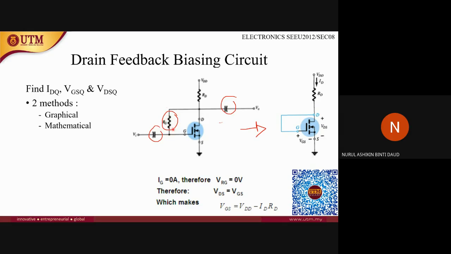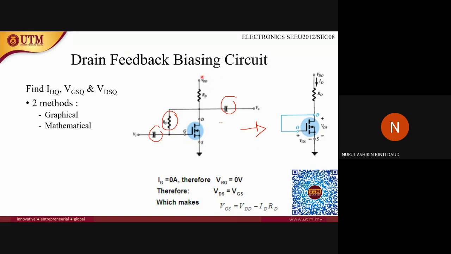It means this resistor is not working, so we can short circuit it. Therefore VDS, the drain and source voltage, equals VGS, the potential at gate and source.